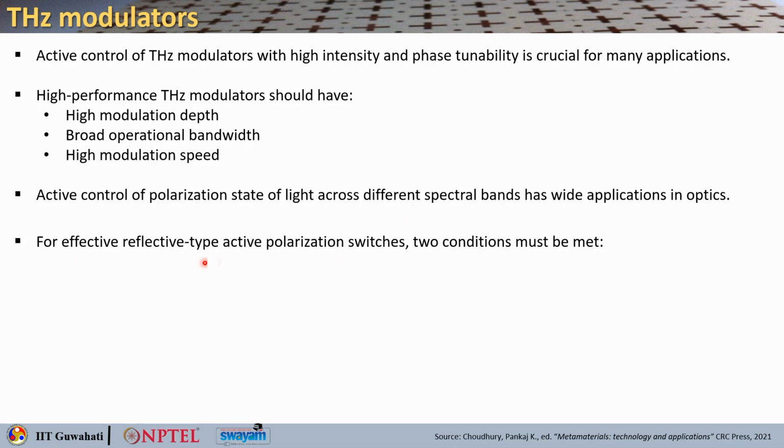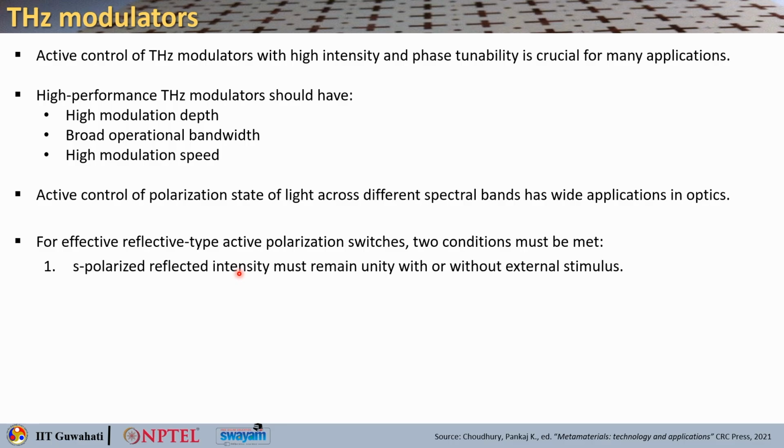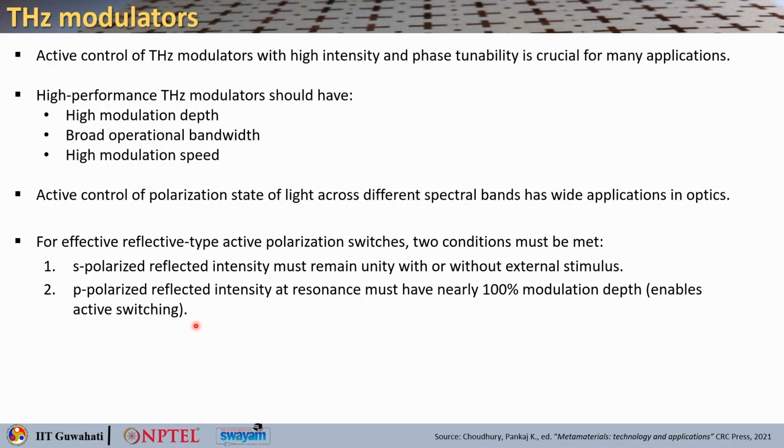For effective reflection-type active polarization switches, two conditions must be met. First, the S-polarized reflected intensity must remain unity with or without external stimulus, and second, the P-polarized reflected intensity at resonance must have nearly 100% modulation depth.